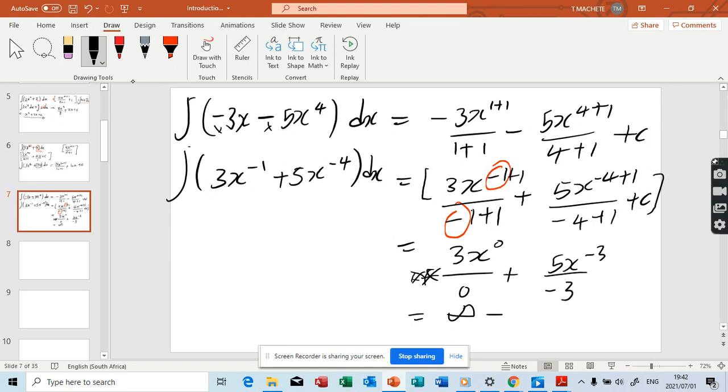So here you can write, remember guys, this is the same as minus 5 over 3 x to the power of minus 3. How can you write this? If they say simplify further, how can you write this?